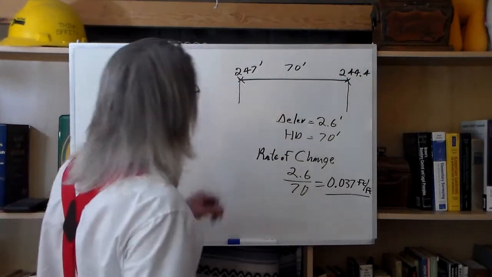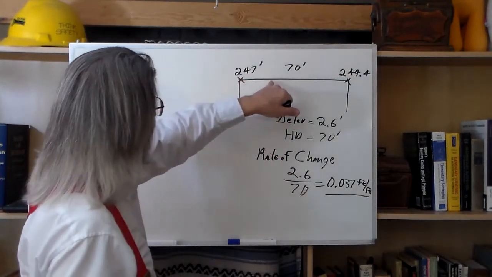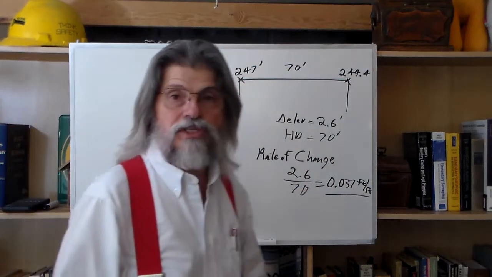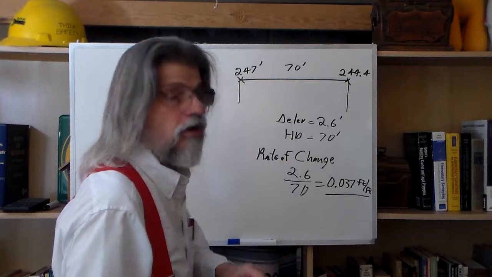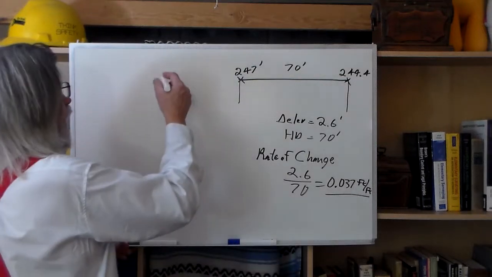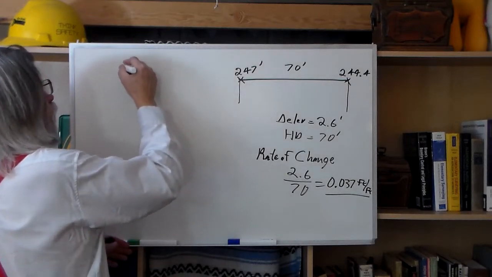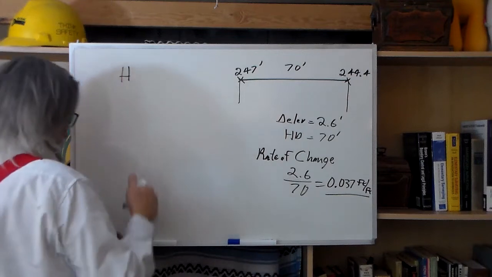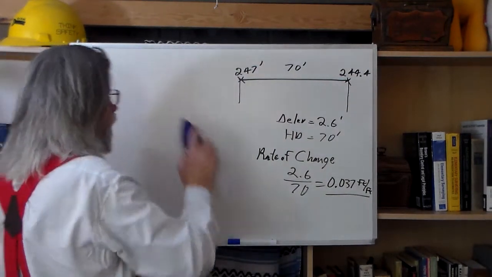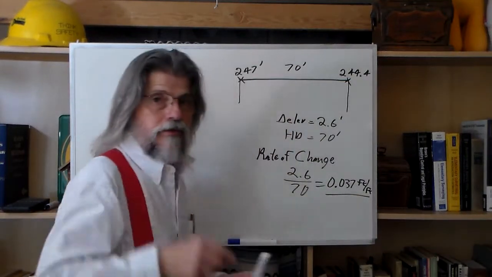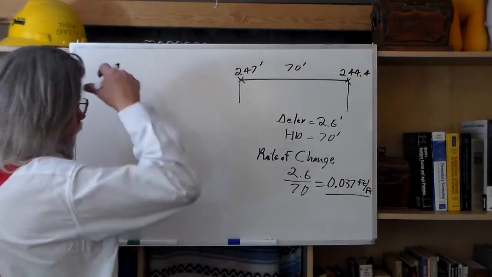Well, we want to go, our next even number down will be 246. So that's a change of elevation of 1 foot. So like I said earlier, our horizontal distance, excuse me, let me erase that. I'm not going to skip a step here.